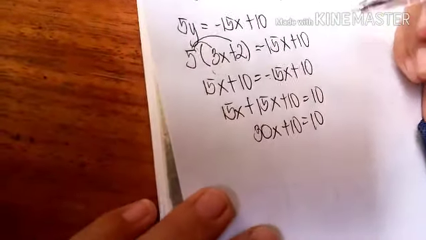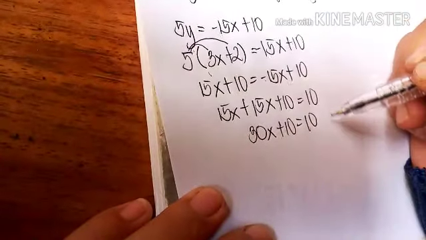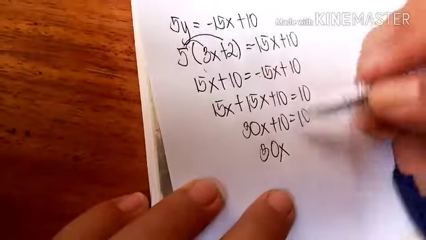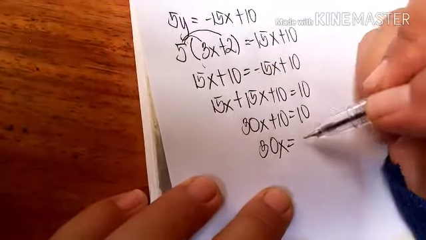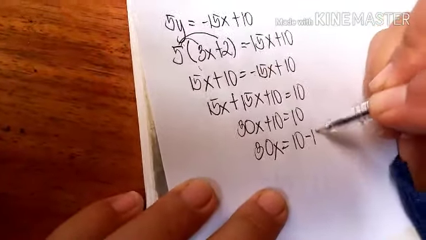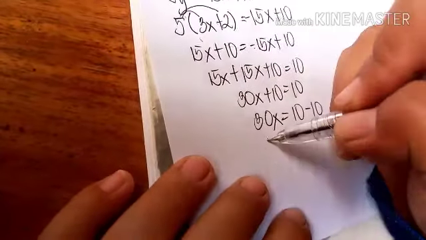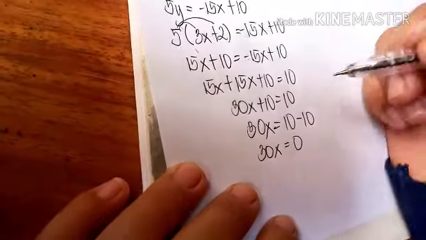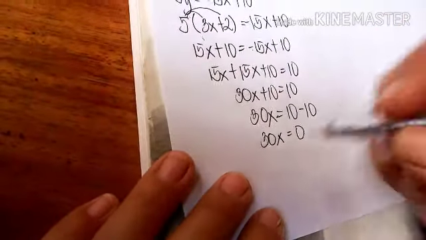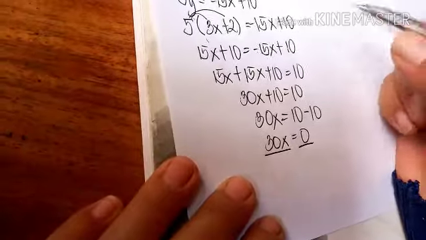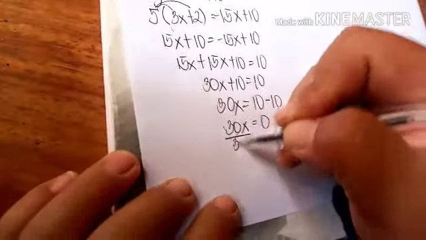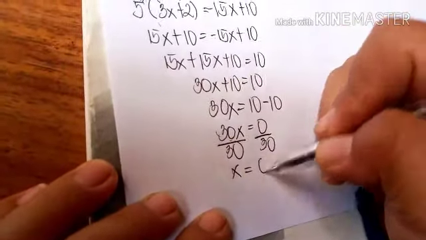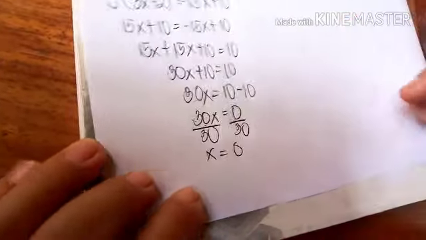And after that, we again transpose 10 to the right side of the equal sign. So that's 30x is equal to 10 minus 10. That will give us 30x is equal to 0. After that, we divide both sides by 30, which gives us the value of x, which is 0.